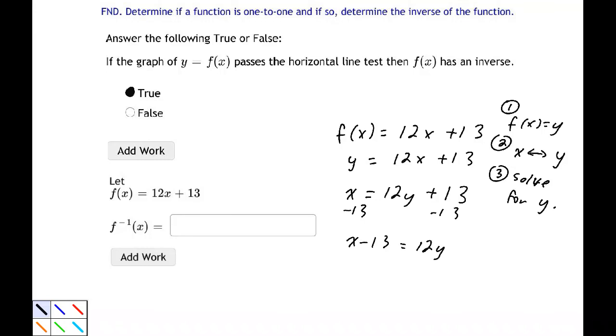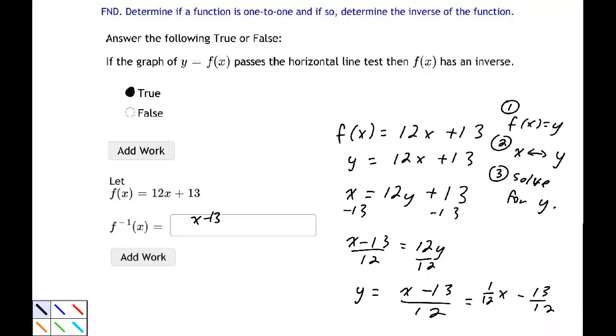And then dividing by 12 on both sides, I find the equation y equals x minus 13 quantity over 12, which I could also write separately as 1/12 x minus 13 over 12. Those are equivalent ways to write the inverse. So in my box, I'm going to write x minus 13 all over 12.